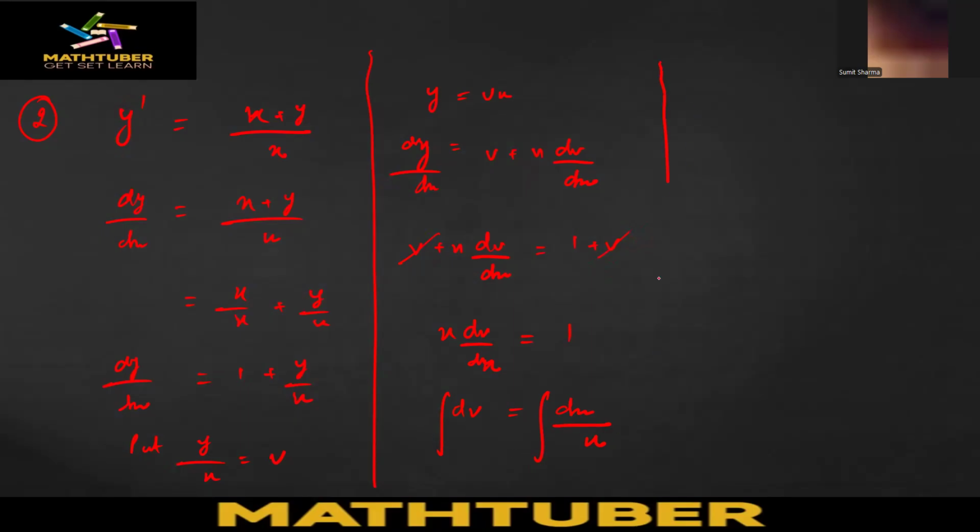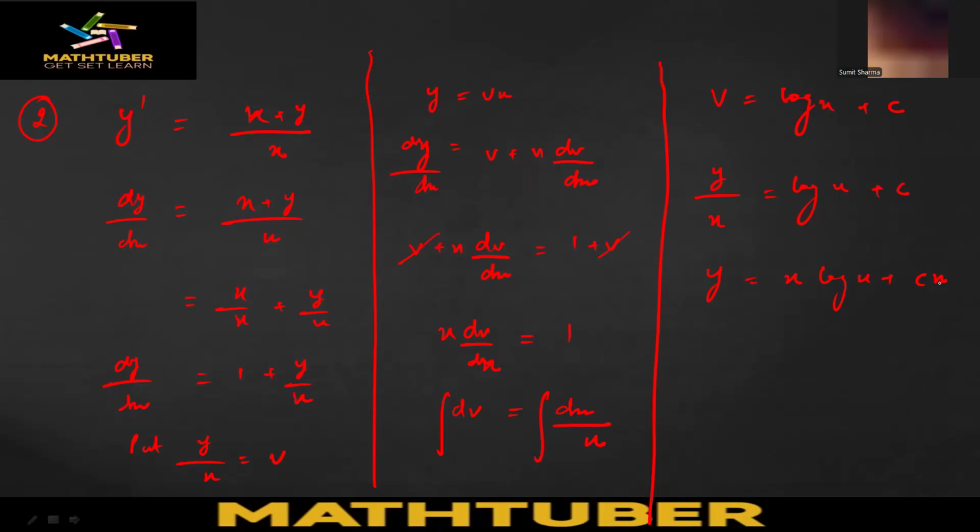Now integrate both the sides, you will get v equal to log of x plus c. And the value of v is y upon x, so we will substitute it and you will get the answer. You can multiply this to the other side, you will get log x plus cx, right? So this will be your answer. I hope this is clear.